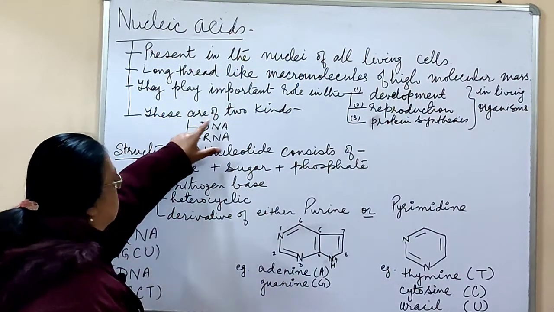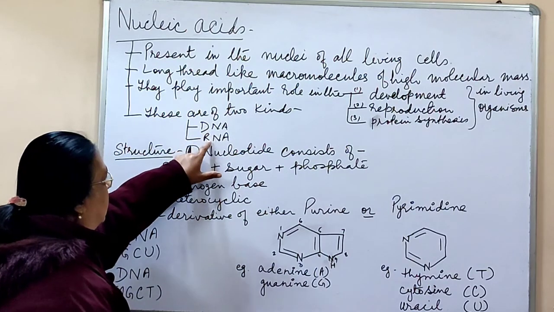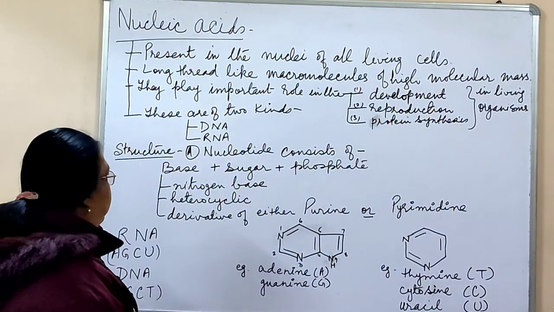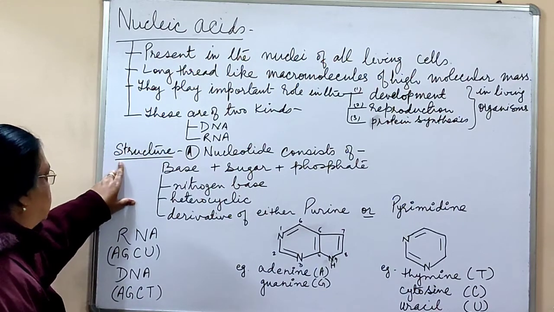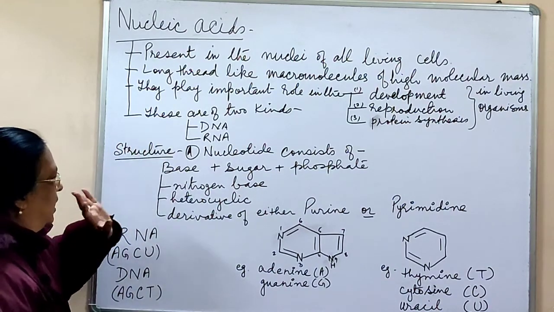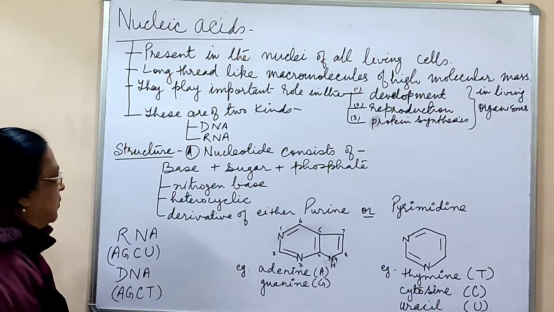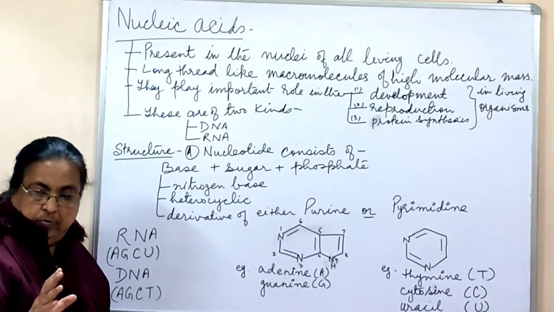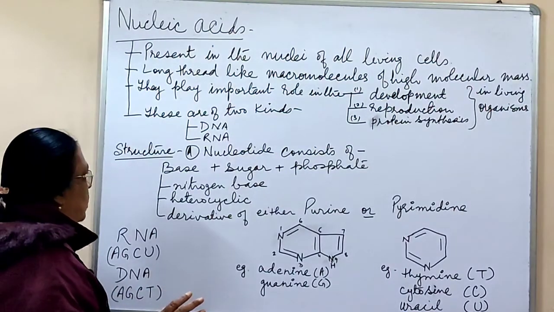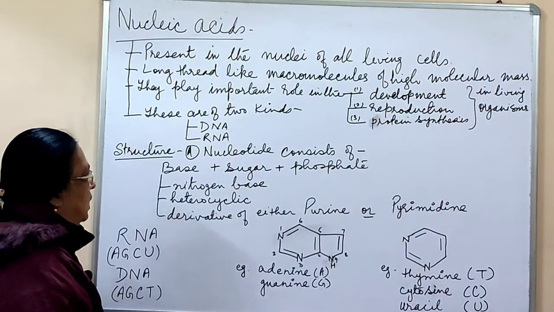These nucleic acids are of two kinds, DNA and RNA. You know very well. And the structure of DNA and RNA we have to do. So it is having two main structures, that is your nucleotide.